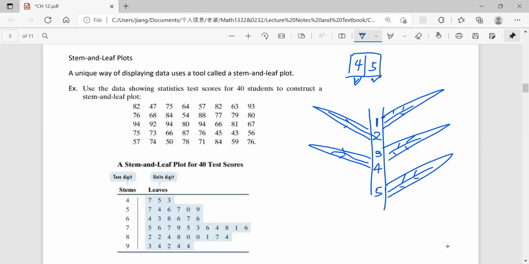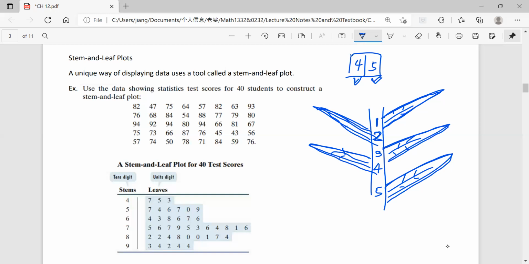And each of them has their leaves. So 1 has a leaf here. 2 has a leaf here. And 3 has a leaf here. 5 has a leaf here. And what's on the leaf? Should be the unit digit numbers.